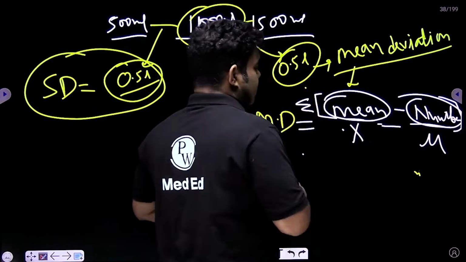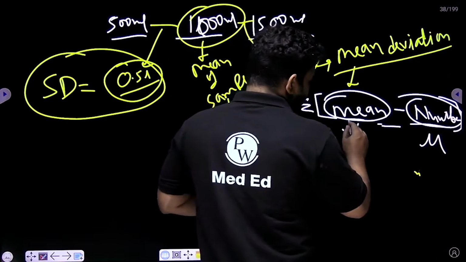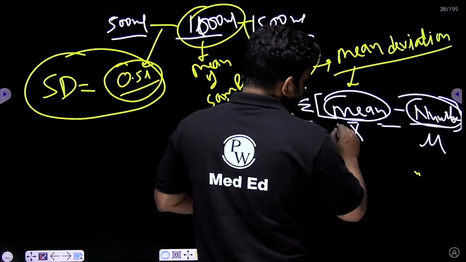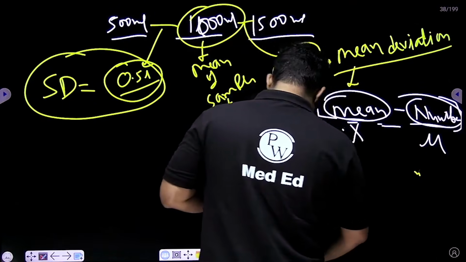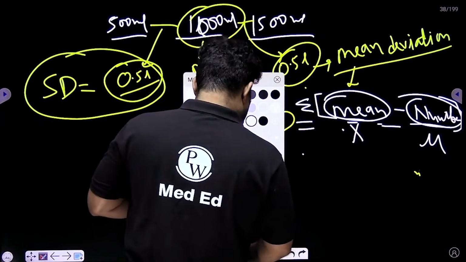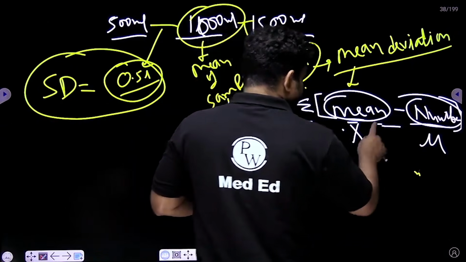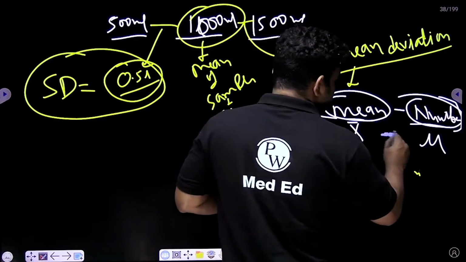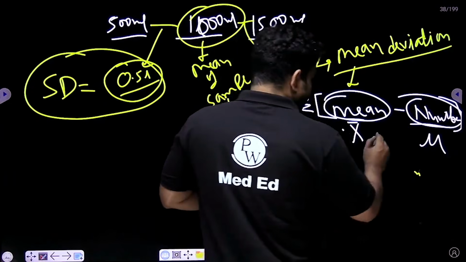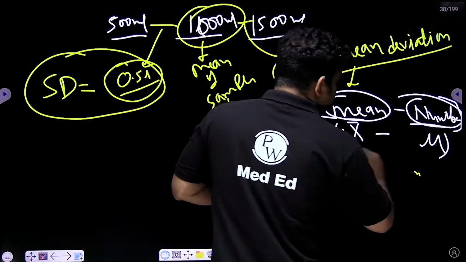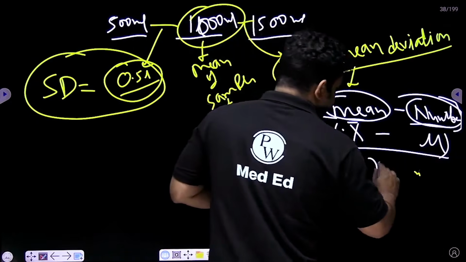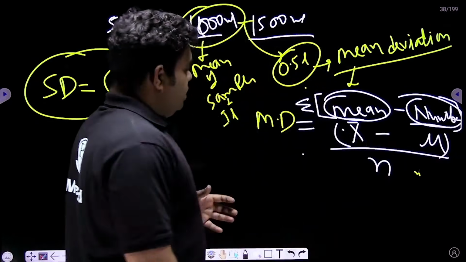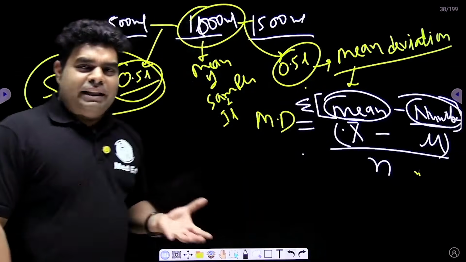This is known as the sign of summation. So to find the mean, we write x bar, and then from the x bar we subtract each number. So x bar minus mu, minus each number, and after subtracting we divide it by the sample size n. So कुछ नहीं है, सिंपल सी बात है यार.